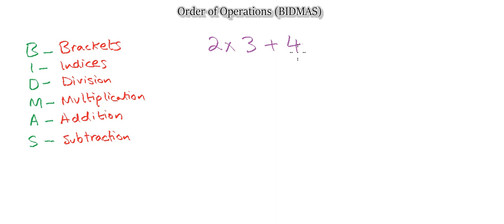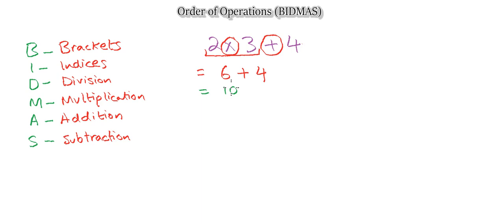According to this again, it's pretty nice and simple. What comes first? We have two operations, multiplication and then addition. Multiplication comes first. So we will multiply the two numbers first. So 2 multiplied by 3 will become 6 plus 4, and that gives us 10.